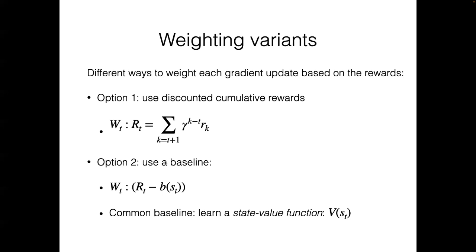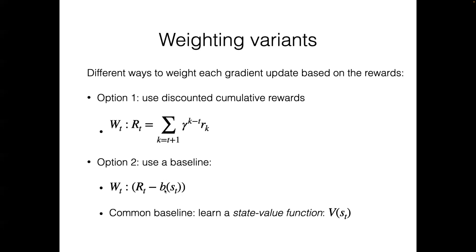And so you want to periodically adjust the updates so that you're still improving it further. That's the intuition. And it turns out that doing this also reduces the variance of the policy gradient, so it's also good for stabilizing training.